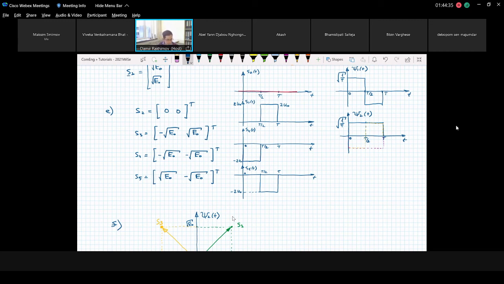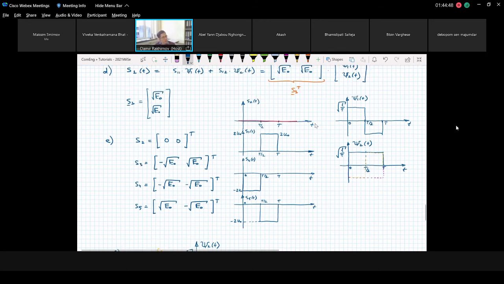And what's interesting here is that we have almost the same signals as we had in the previous task. But look how our basis functions look. You see that we have 2 basis functions where one comprises 2 pulses with different sign, and for the second basis function we have one long rectangular pulse.